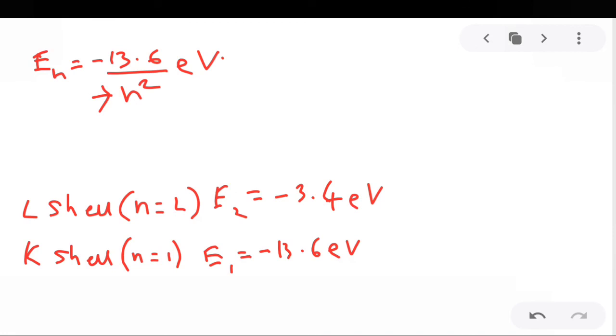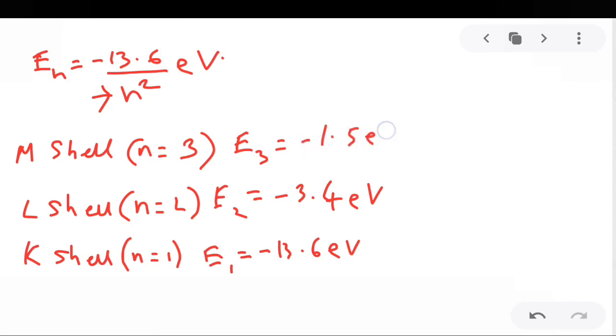Similarly for the M shell, that is n equal to 3, minus 13.6 divided by 3 square, so E3 is equal to minus 1.5 electron volt.